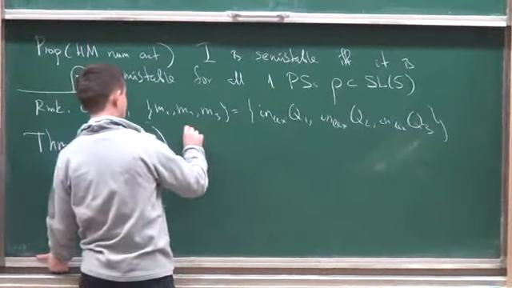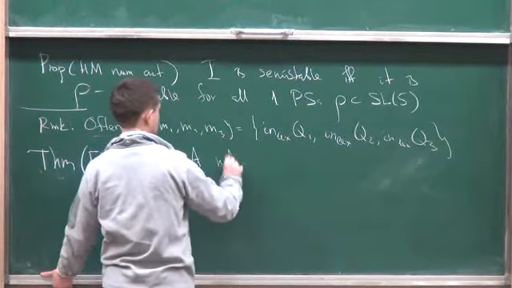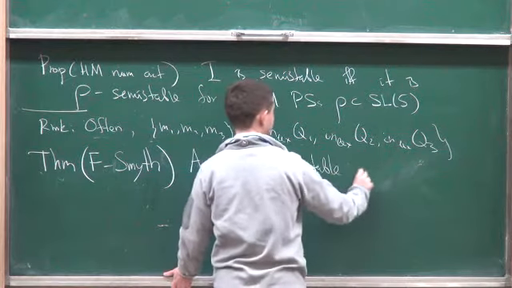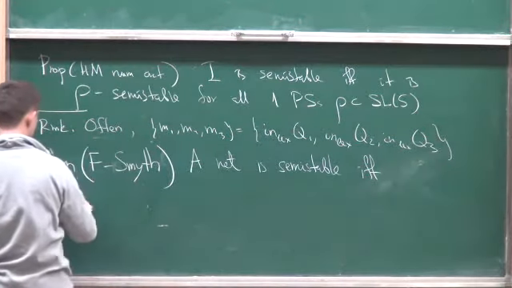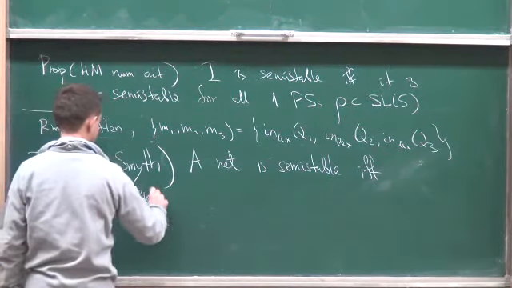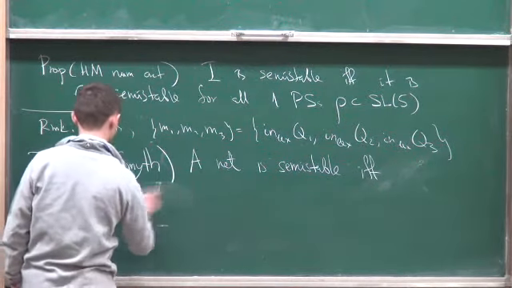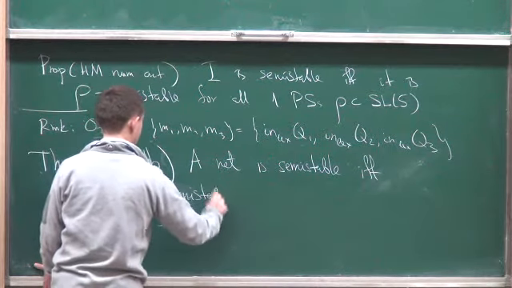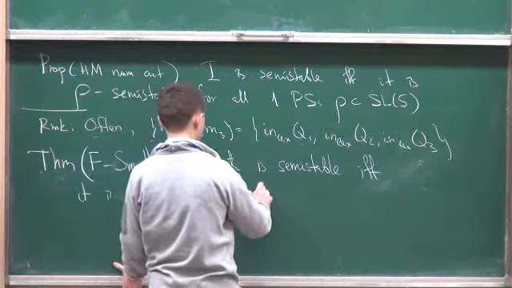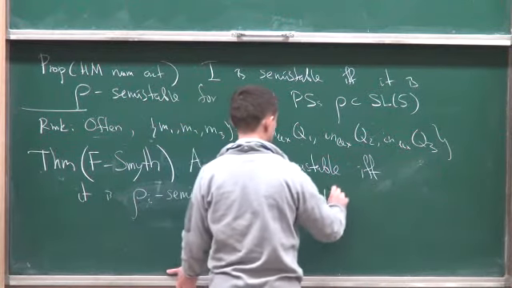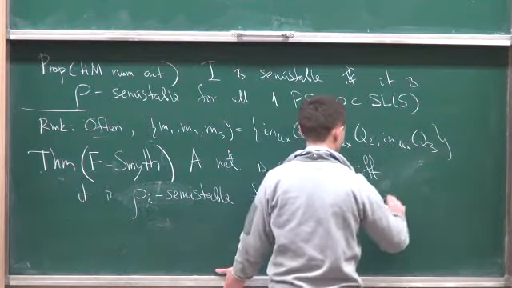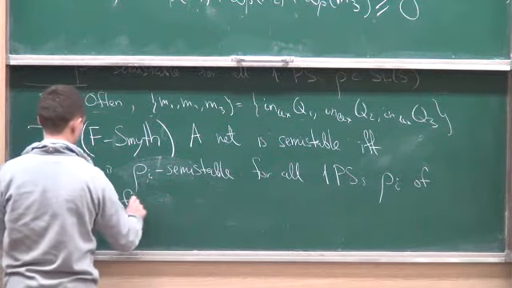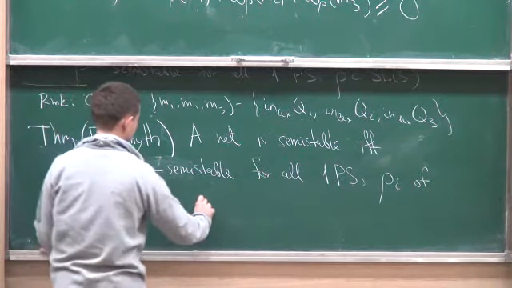So the theorem is: a net is semi-stable if it is rho I semi-stable for all one parameter subgroups rho I of the following numerical types.